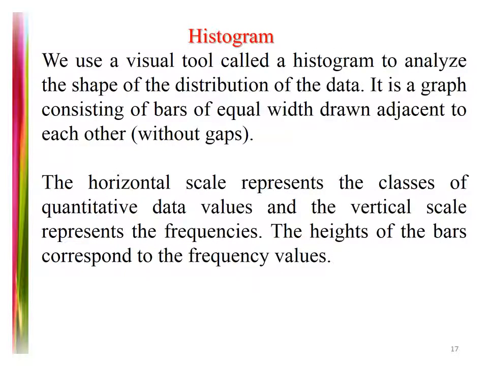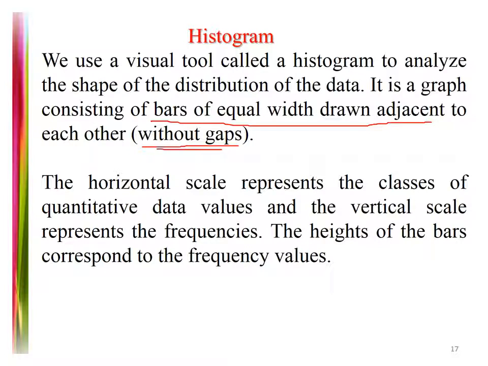First, the histogram. We use a visual tool called a histogram to analyze the shape of the distribution of the data. It is a graph consisting of bars of equal width drawn adjacent to each other. This is very important: without gaps, so you have to maintain no gaps between the bars.